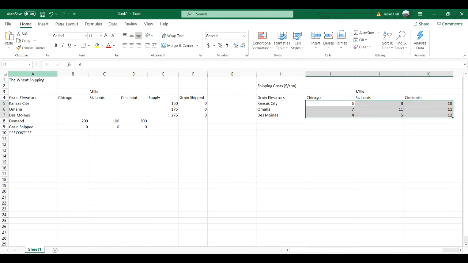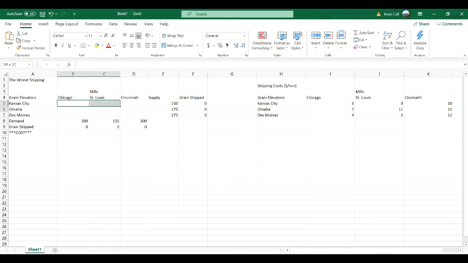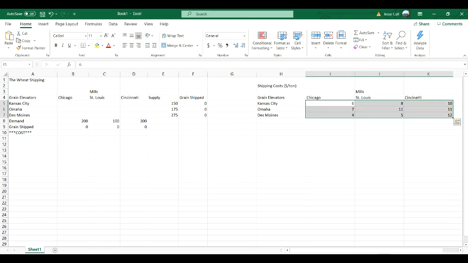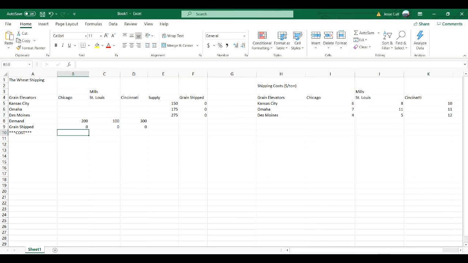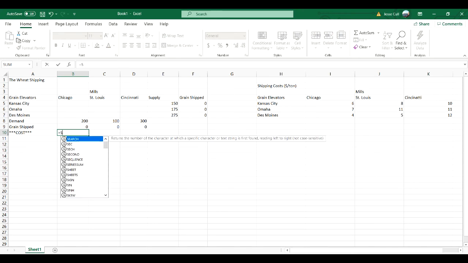So we have to multiply our 3 decision variables, how much will go from each route, by our cost array. So instead of saying equals sum, in this situation, we'll say equals sumproduct.